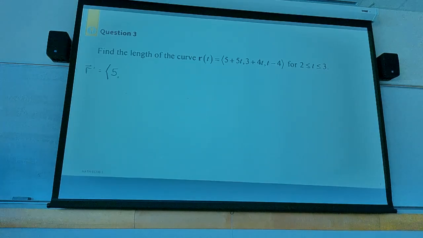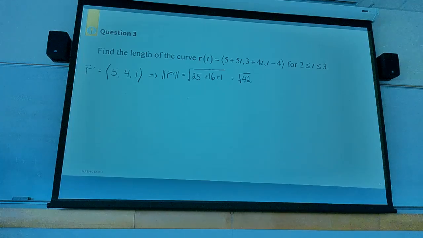Oh, this is a nice one. 5, 4, 1. Then its length is the square root of 25 plus 16 plus 1, which is what?